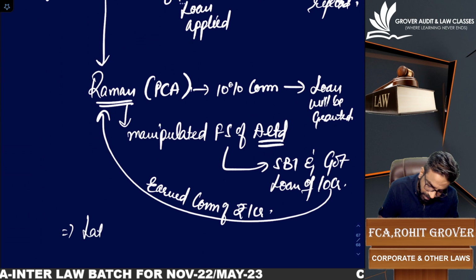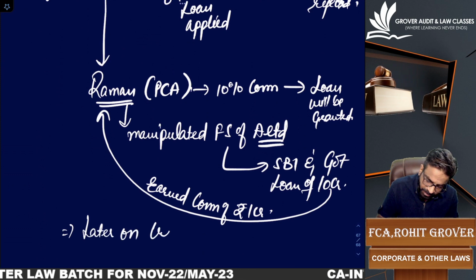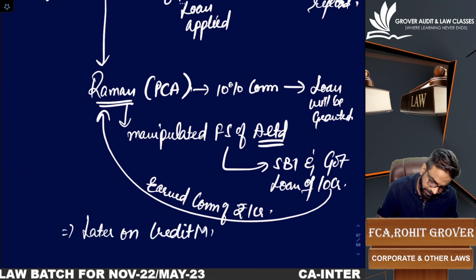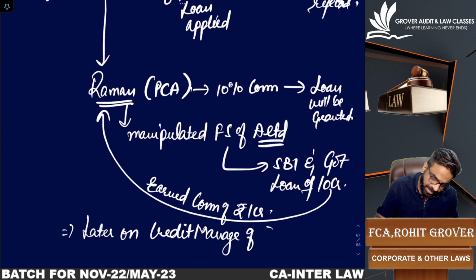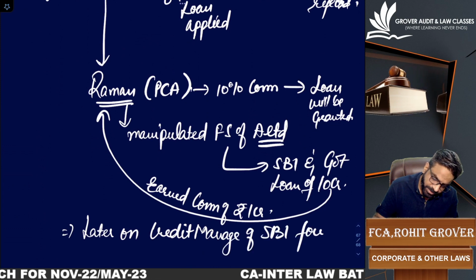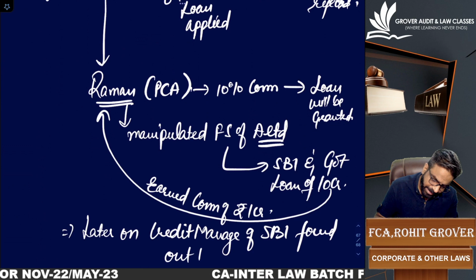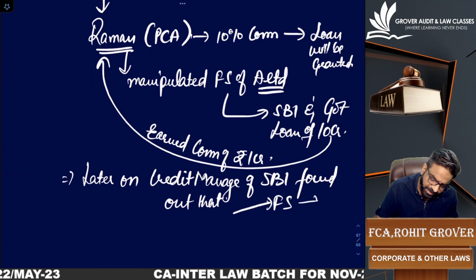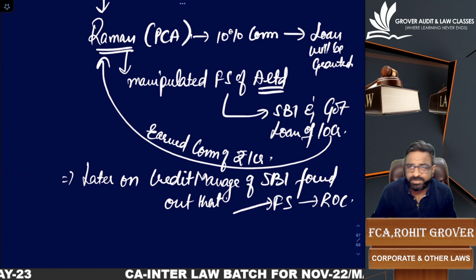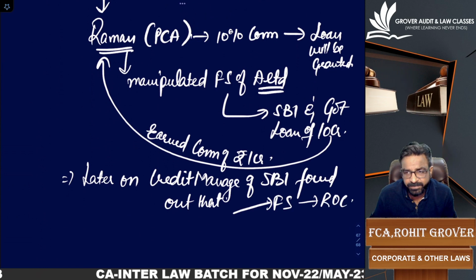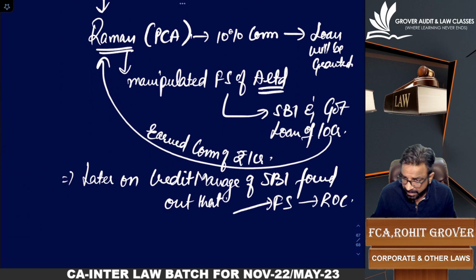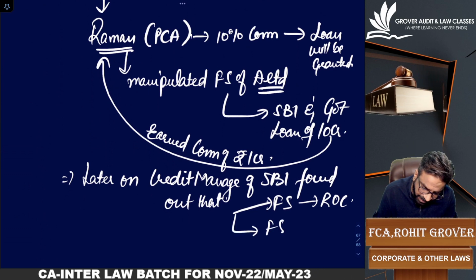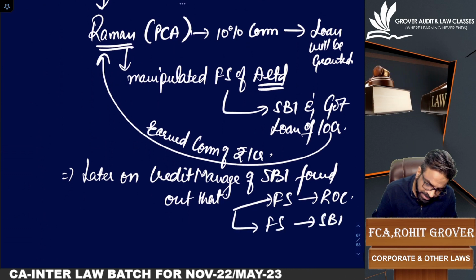Now later on what happened? Later on the credit manager of SBI found out that the financial statements which are filed with ROC, do we file the financial statements with ROC under section 137? Yes, sir. And the financial statements which are filed with SBI, are both the same or both different?